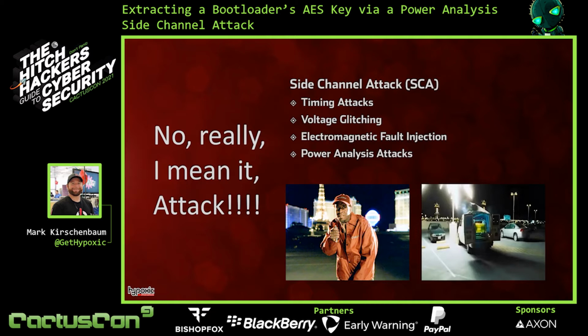So then we could do electromagnetic fault injection, which is basically bringing a giant EMP pulse, you can think of, and that makes the part skip a beat also. The only problem about that is it's fairly expensive. The tools cost about $3,800 to do electromagnetic fault injection, or EMFI side-channel attacks. So that was off the table.